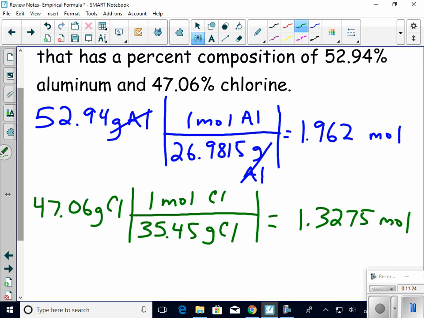Now, of those two, which one is the smaller one? Don't everybody shout it out at once. 1.3275. So I'm going to divide both of them by that value.